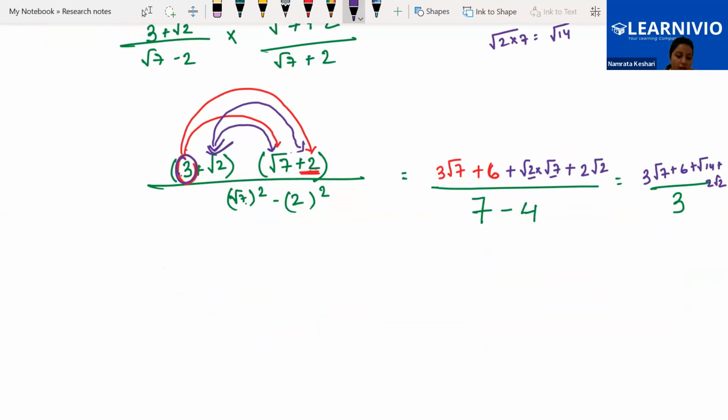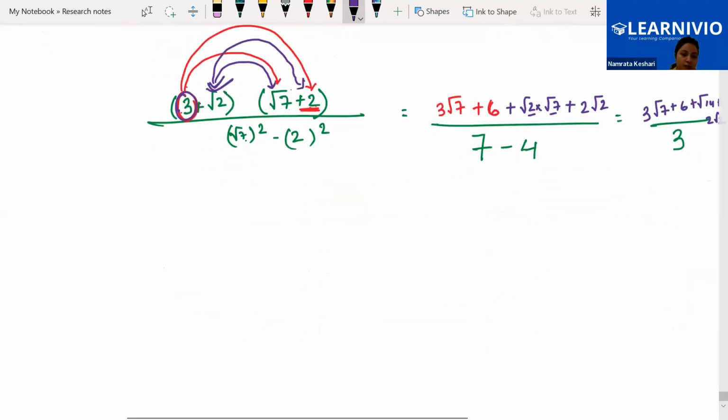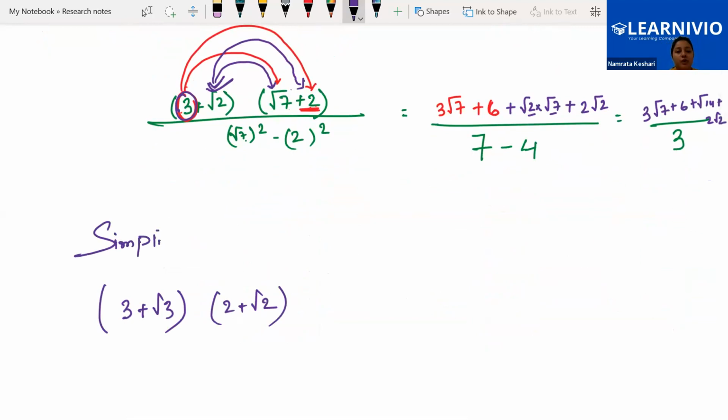If we multiply 3 plus root 3 with 2 plus root 2, what will we have? The instruction is to simplify it. Please let me know what we are going to have over here, Samia and Shad. The first one, and the second one is root 5 plus root 2 whole square.